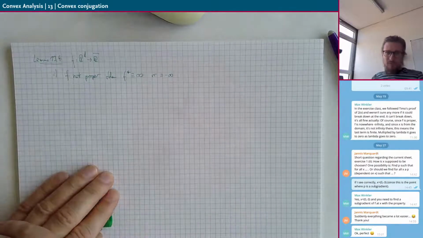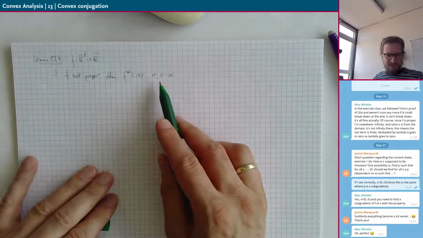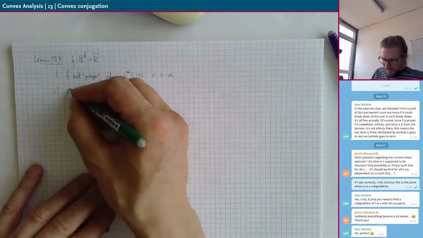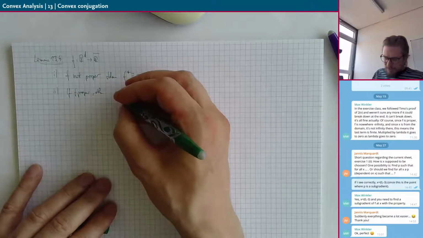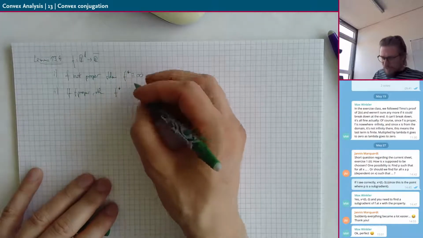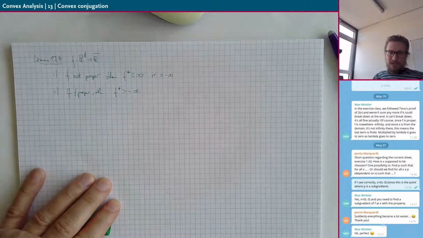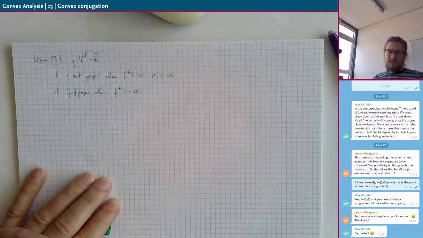So these non-proper functions f have really not interesting conjugates. Second, if f is proper, then the conjugate f star is not equal to minus infinity everywhere. It has to be larger than minus infinity somewhere.